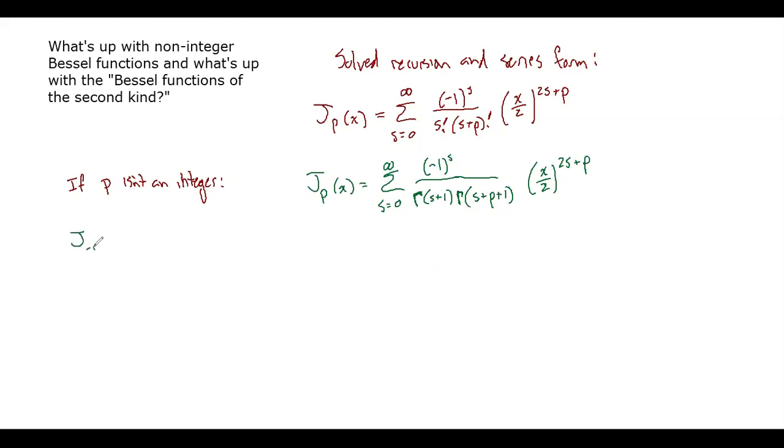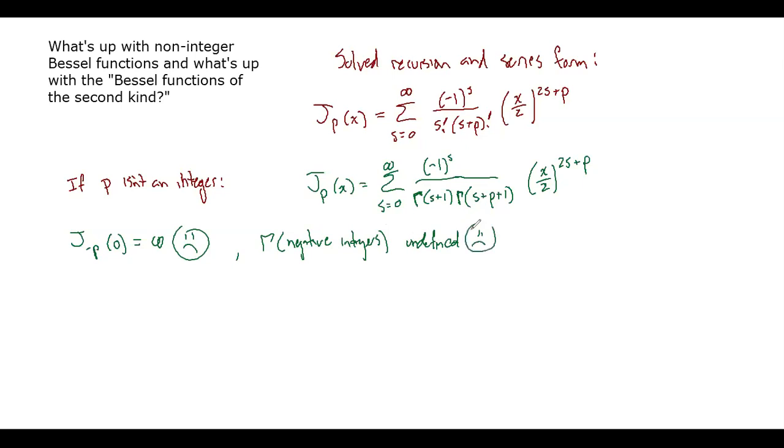So for instance, J of minus p of 0 is infinite if you look at the series expansion. So that's an issue. And then gamma of negative integers is undefined.